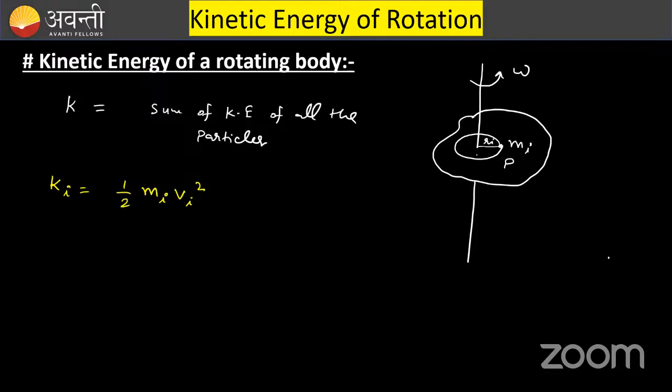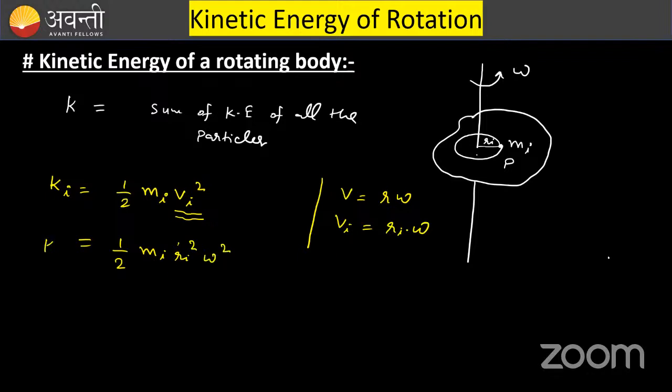Now, vi is the linear velocity, so can you transform it? Half mi, and we know that v equals r omega, so vi will be ri into omega. After squaring, it becomes ri square omega square. This is the kinetic energy of the ith particle.